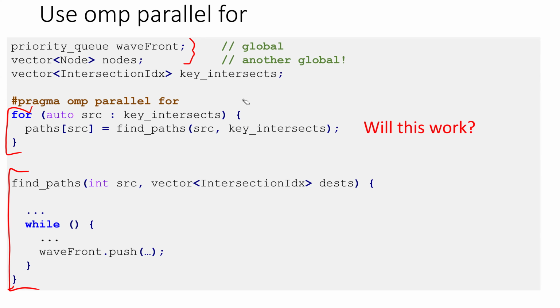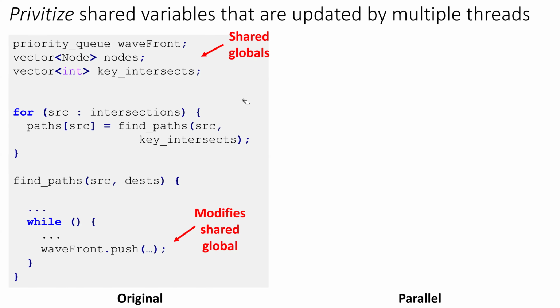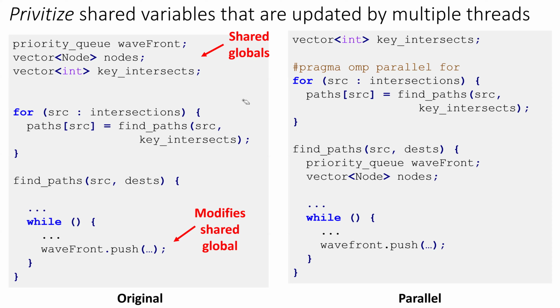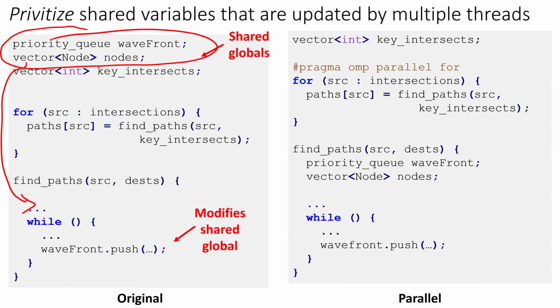If I made these local variables, which is what I did here. So I took these, and I basically said, well, there's no real reason they have to be globals. I'm not really setting them up before the algorithm, so I can just push them down to be local variables inside find paths.